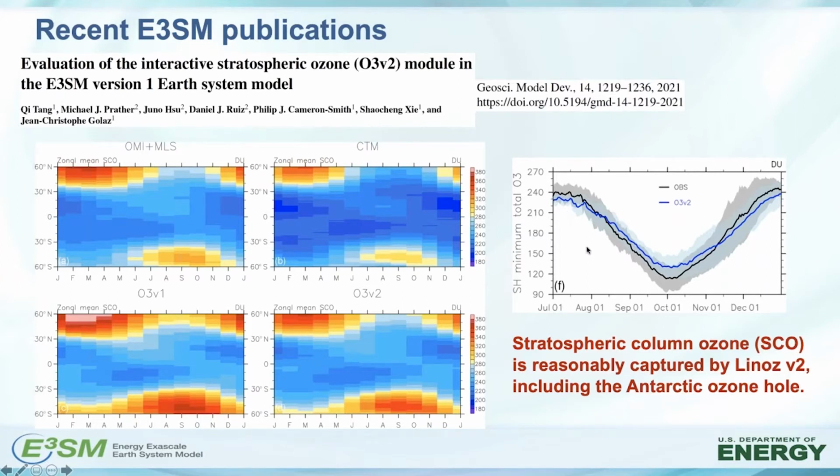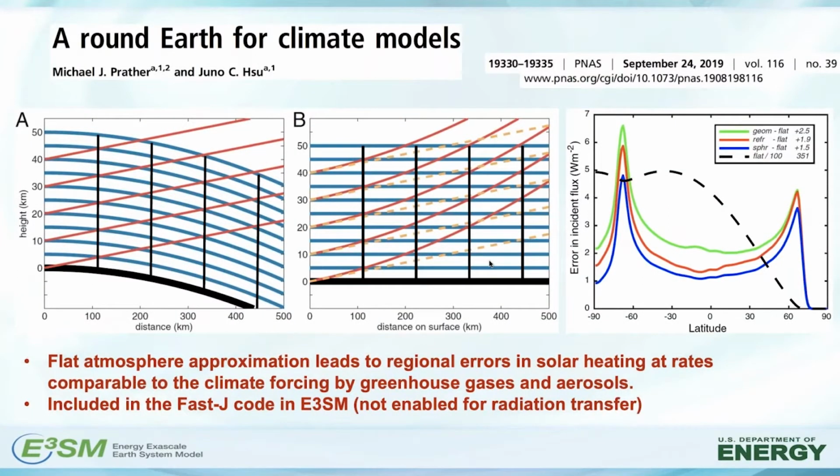The right-hand side shows the daily Southern Hemisphere minimum total column ozone, and ozone V2 matches the observations reasonably well. In conclusion of this paper, we found that the stratospheric column ozone is reasonably captured by Linoz V2, including the Antarctic ozone hole.